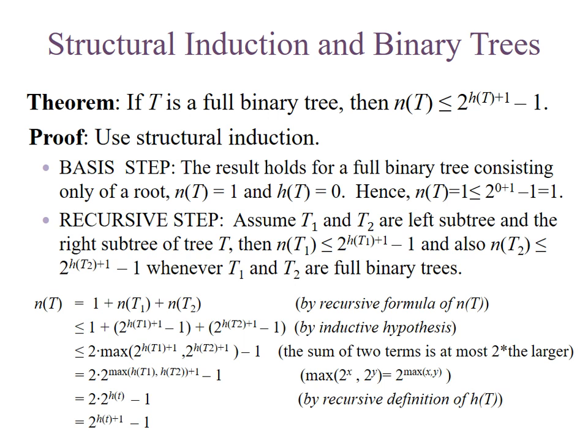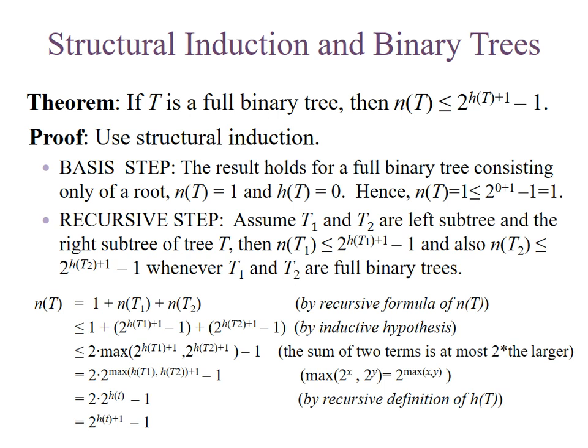Now you can see we have the formal definitions n of T and h of T. We have this recursive definition in our previous slide. Let's see how we construct the structural induction to prove this theorem.